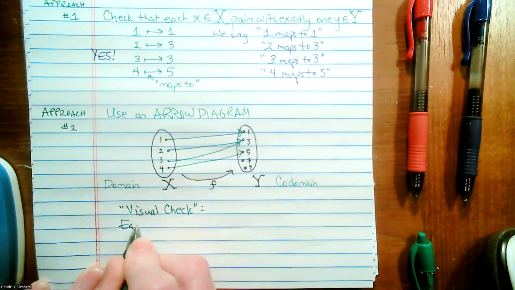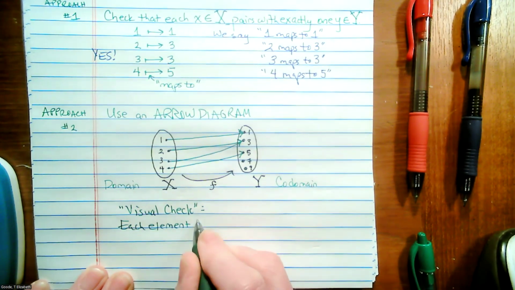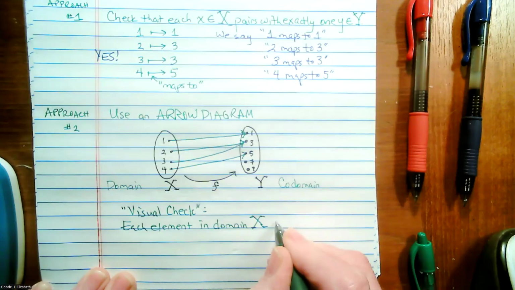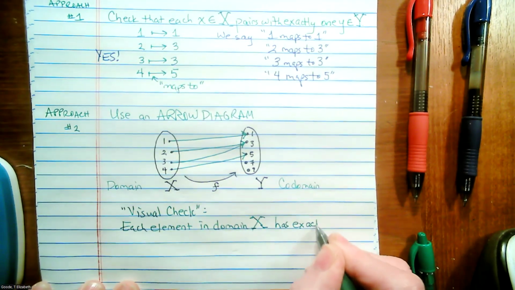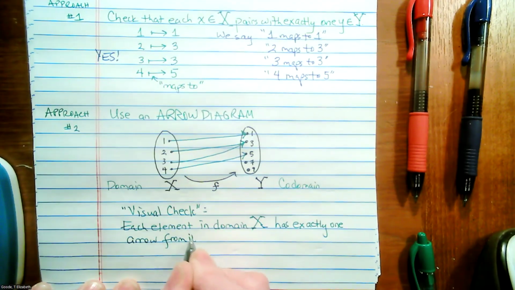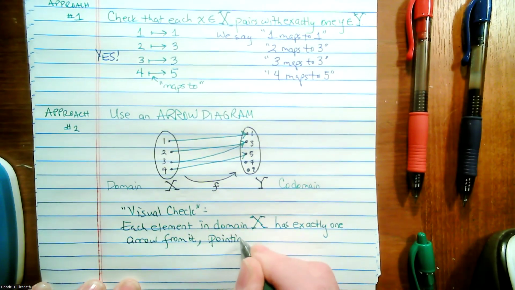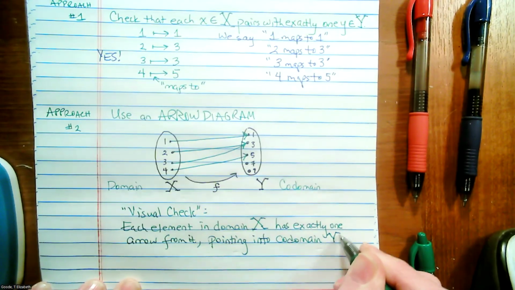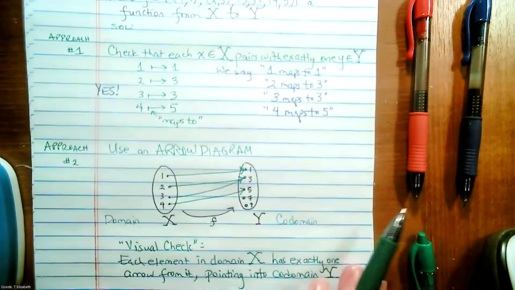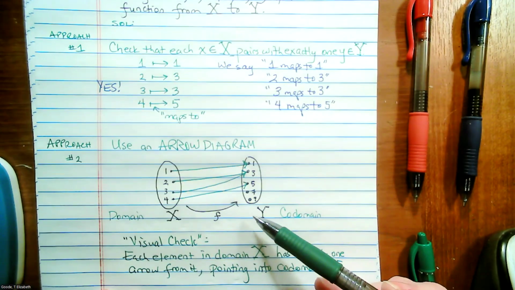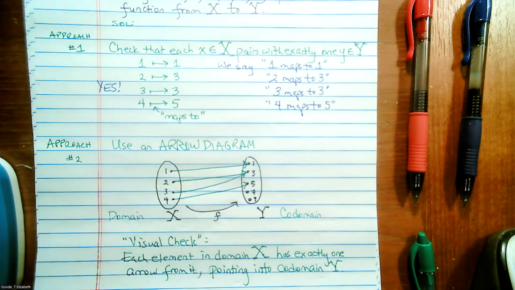Each element in domain X, I'm talking about big X, because it's the set that's the domain, has exactly one arrow from it pointing into codomain Y. These second coordinates in F, and if we go back and look at F and look at the second coordinates, 1, 3, and 5, are definitely elements of the codomain Y. And that's all that we need to have happen for this to qualify as a function.